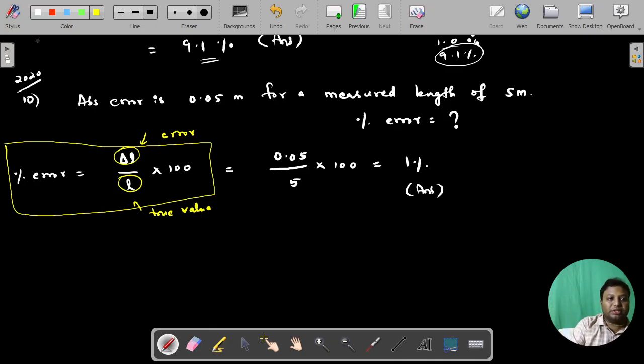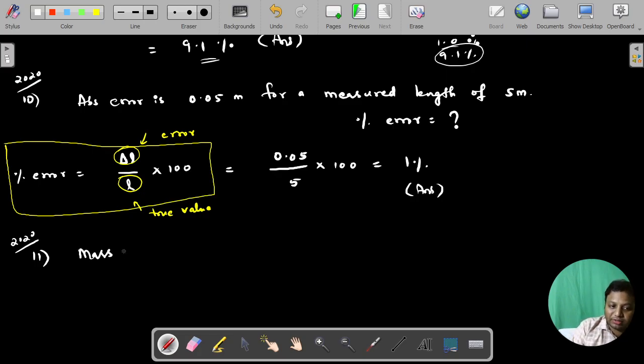One more question, also based on a basic concept from errors. This question was also asked in the 2020 EAMCET paper. They are taking 5 successive measurements for measuring the mass of a ball.